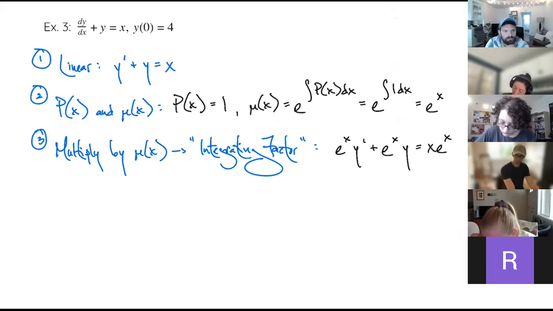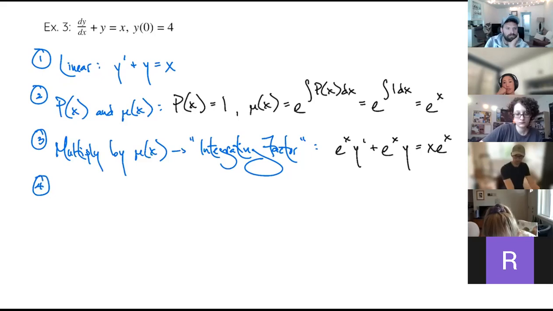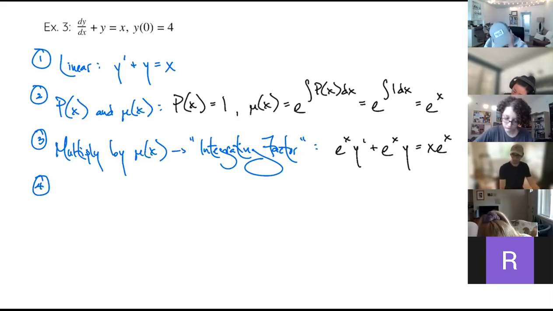Now at this stage, if we found our integrating factor correctly, that left-hand side, we should be able to pack it up into a derivative of a product. Okay, that's a good way to check and make sure that you're headed in the right direction.